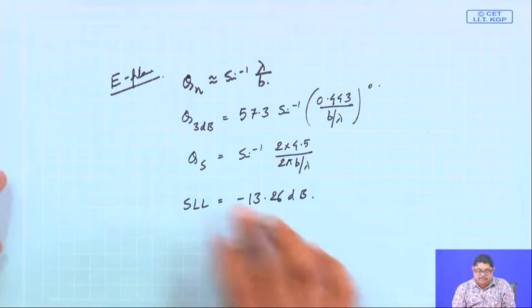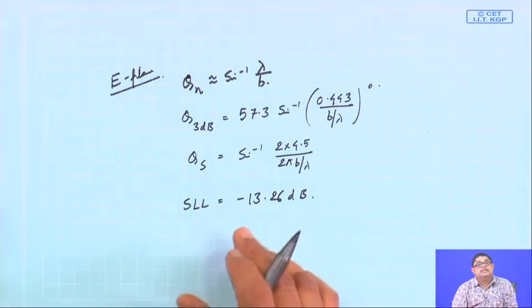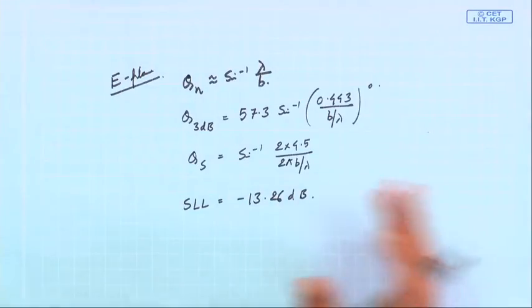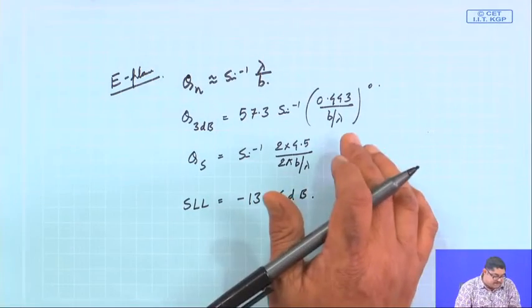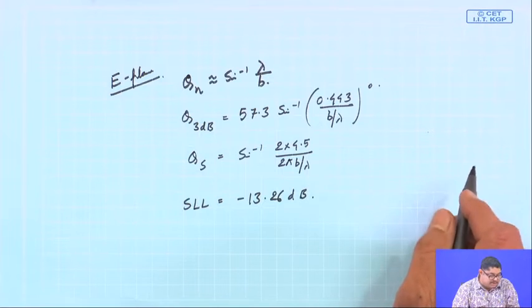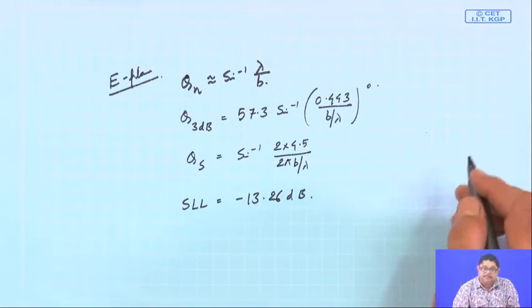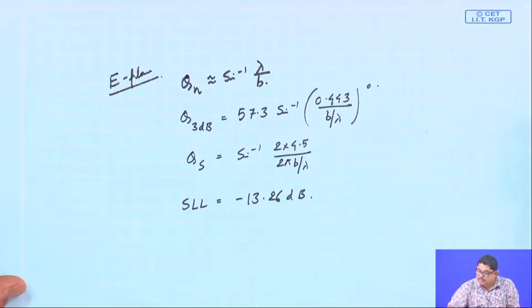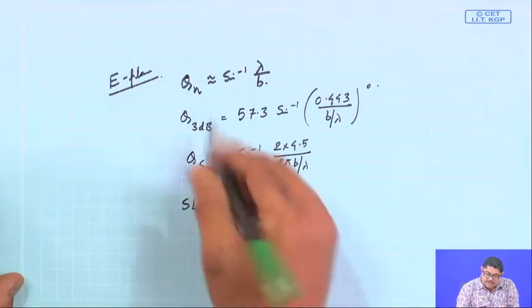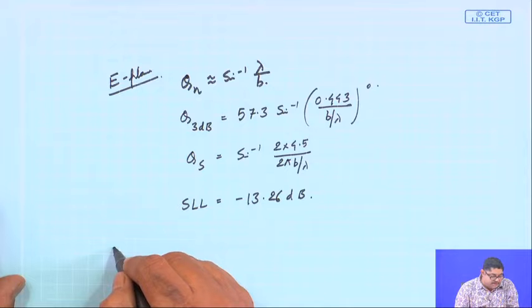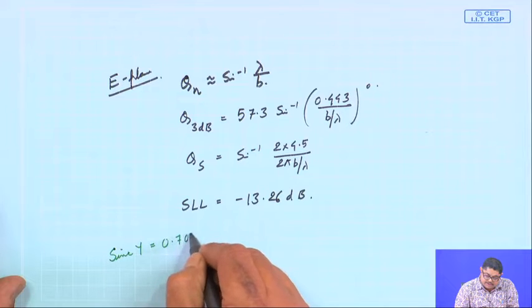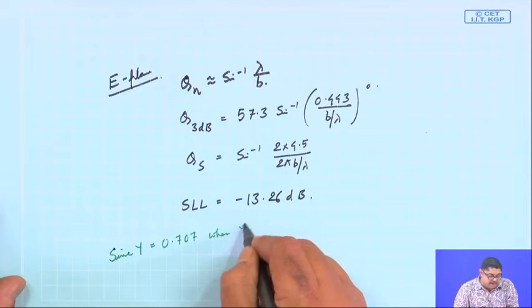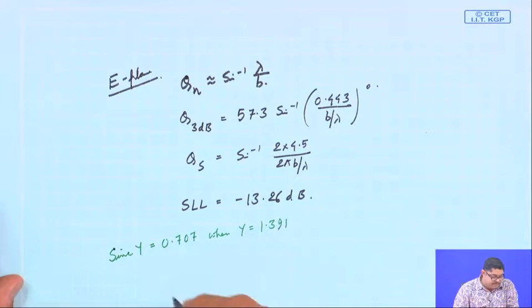I am not going into details, because by the Fourier transform method also we have seen this pattern. You will see that here also you are getting the same pattern, and in the previous example we have seen various values. The sinc values are also important that you will require here. Please note that sinc of y is 0.707 when y is equal to 1.391.